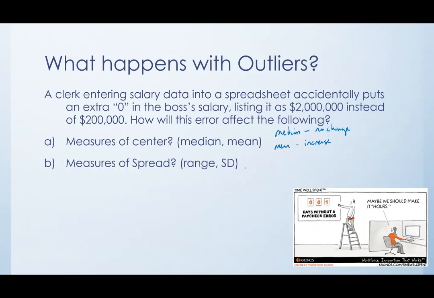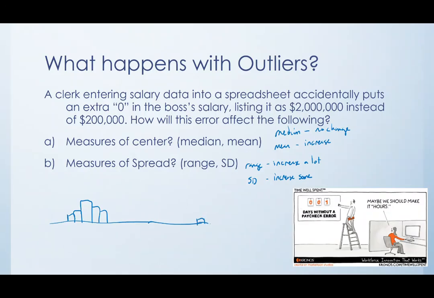When we think about the spread, the range is going to increase a lot. And the standard deviation is going to increase, but not as much. We have one more measure of spread to talk about, but we're not to it yet. We'll just say it increases some. Basically, here's our data for pay, and the boss was supposed to be there, and they accidentally put them way up here.